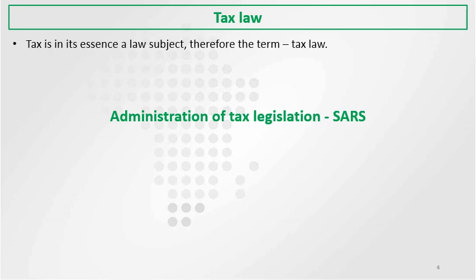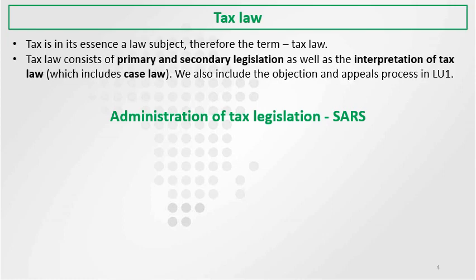Now, you may think that tax consists of the calculation of how much tax you need to pay. However, tax is in essence a law subject, and therefore we have the term tax law. Now, tax law consists of primary and secondary legislation, as well as the interpretation of tax law.